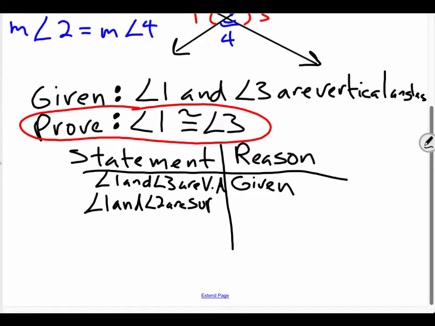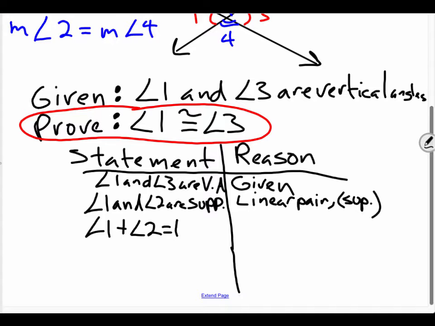I guess you could call them a linear pair, and we did that proof yesterday. Well, they're supplementary. Okay? Well, that's the first thing. So now if they're supplementary, what does that tell us? Angle 1 plus angle 2 equals 180 degrees, right? And so that's a further justification of supplementary.